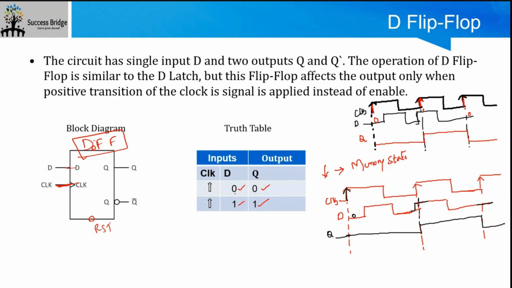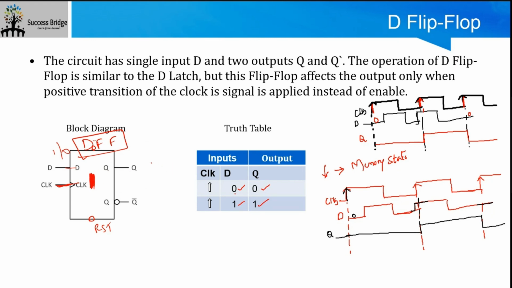The data input, whatever you are giving, 1 or 0, has to be captured and stored in this particular flop because it's a memory storage element. And the stored value can be utilized or moved forward if you give one more clock pulse. One pulse to store and one pulse to move forward.